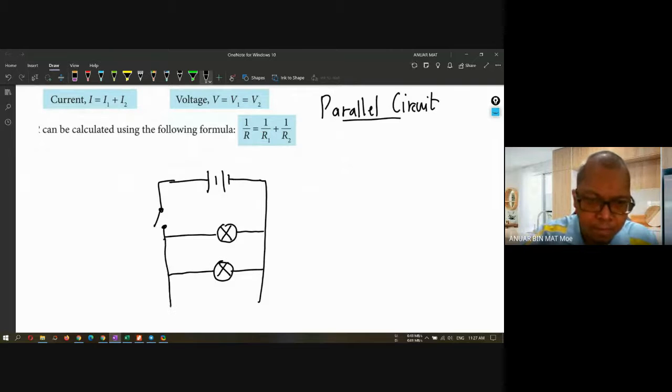No need, I just use 2 components only. So this is what we call the parallel circuit.